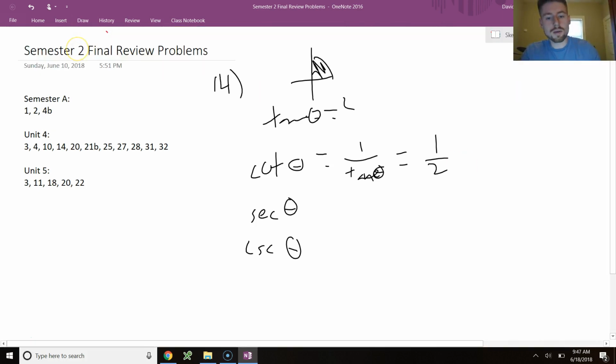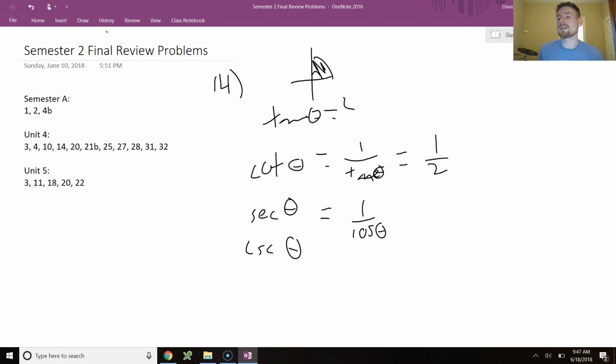And so trickier might be finding secant and finding cosecant. Well, if you're going to find secant, you've got to find cosine, because this is equal to 1 over cosine of theta. And so we already went through how you find cosine in the last example. And cosecant is 1 over sine of theta. And we already went over how to find sine of theta from the last example. So 1 over cosine theta is equal to 1 over root 5 over 5.